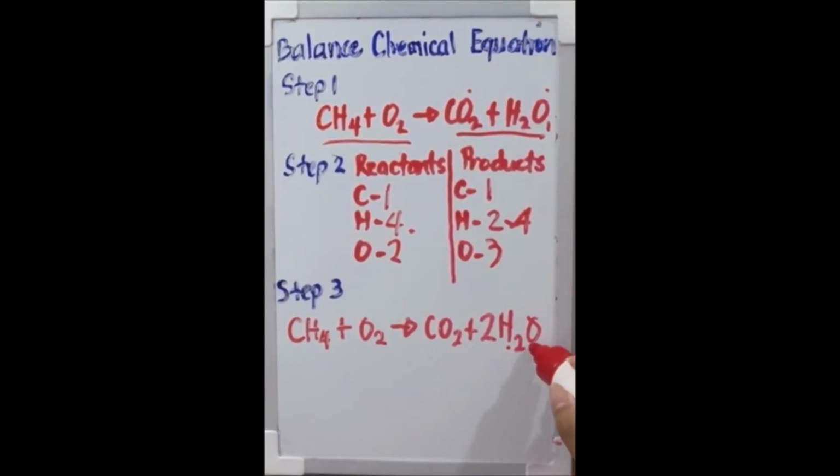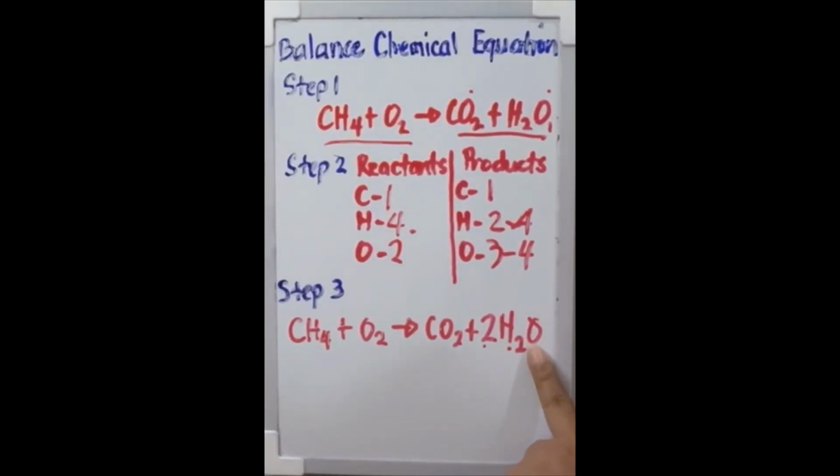However, notice that we have oxygen in this compound, so it will still be affected by adding this coefficient of 2. There will be a change in the number of atoms for oxygen too. This is 2 plus another 2 here, which becomes 4.